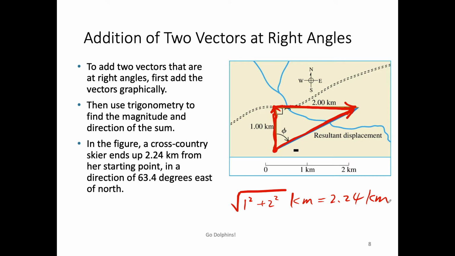And then you can find out this angle. We should know tan theta equals 2 over 1, which is 2. So you put it into your calculator, theta is tan inverse of 2, which should give you 63.4 degrees.